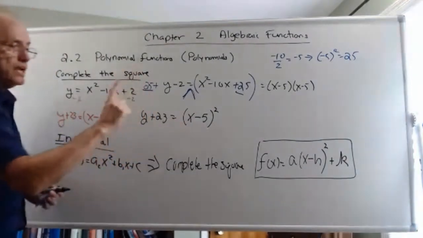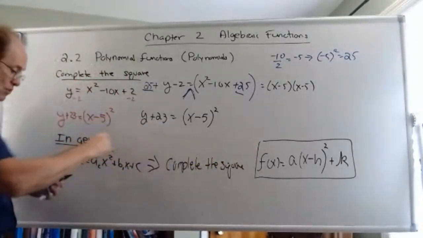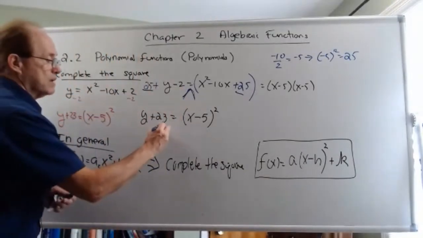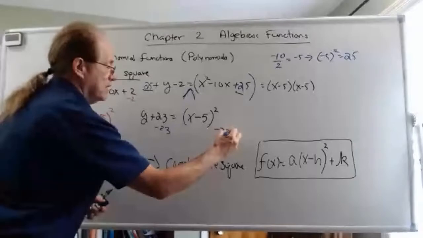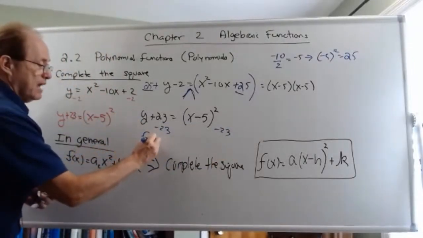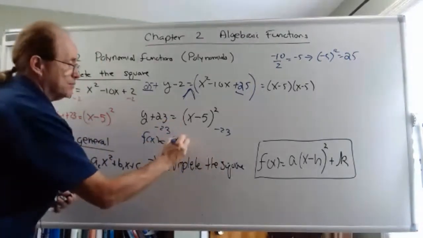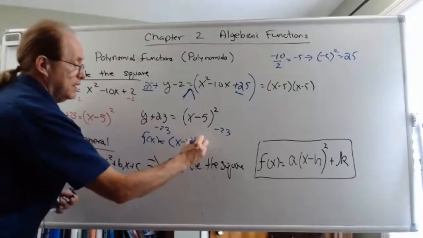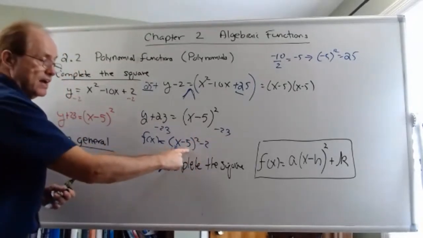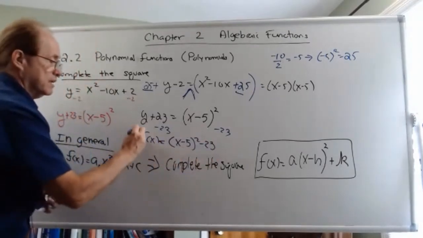Over here, I need one extra step. So to go from here to here, I have to subtract 23 from both sides. If I want to put it in this way, I subtract 23, so I get my y, which I'm calling f of x, is equal to my a coefficient, which for this one just happens to be 1, and my h over here is a positive 5, and my k over here is a negative 23.